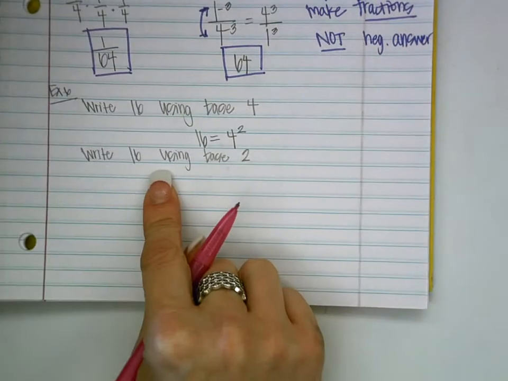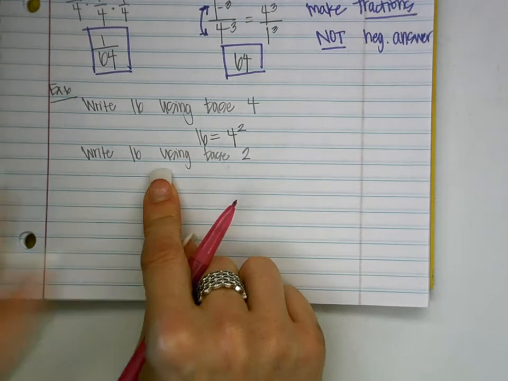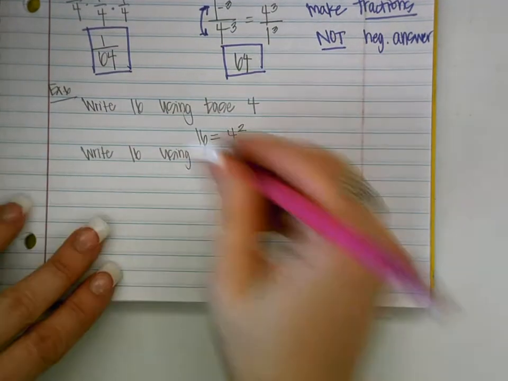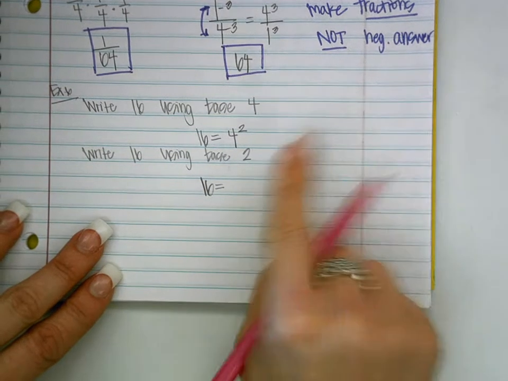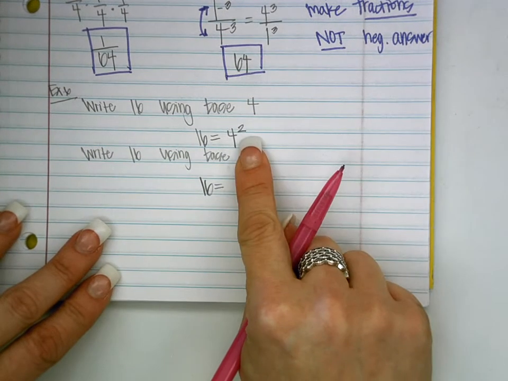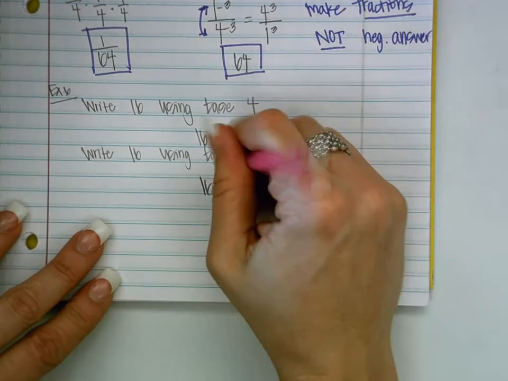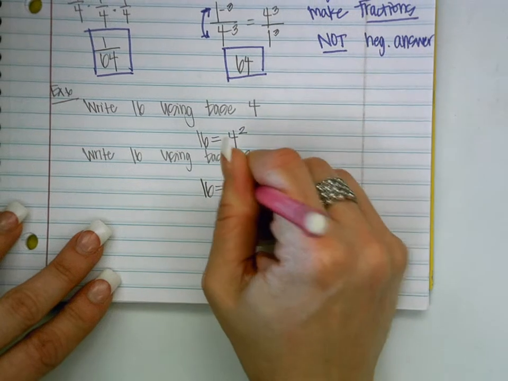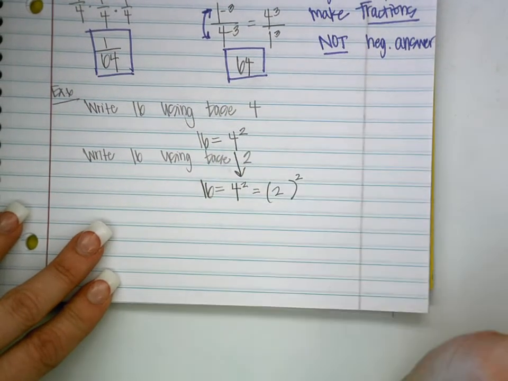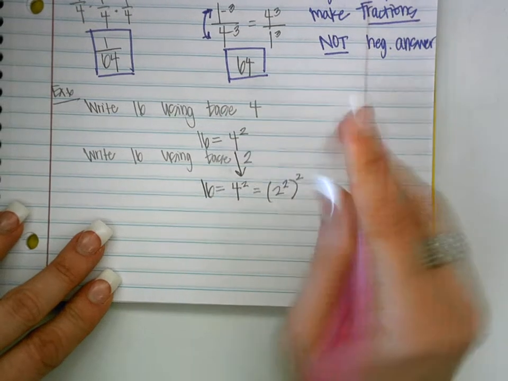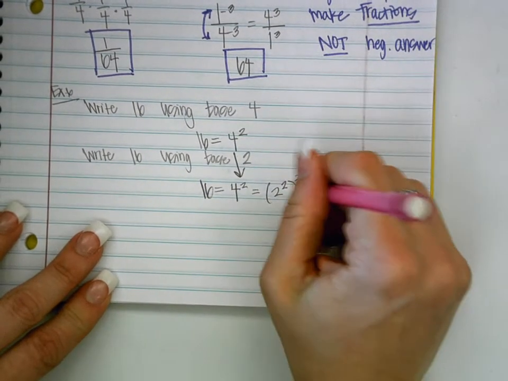So some of you might already know that 16 is equal to 2 to what power? The 4th power. If you didn't know that, you could figure it out from what you do know. You know that 16 is equal to 4 to the second, and you could use that. 2 to what power equals 4? 2 to the second. Then raised to the second, what do you do when you have a power to a power?